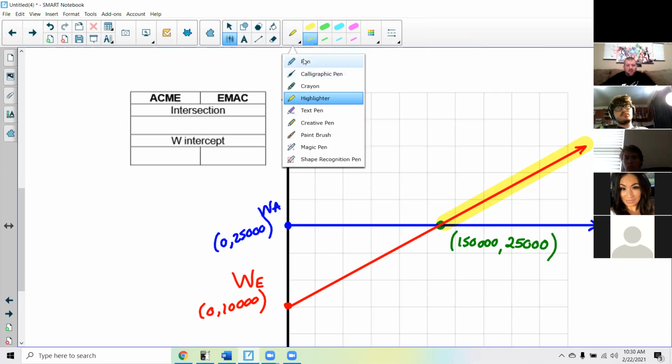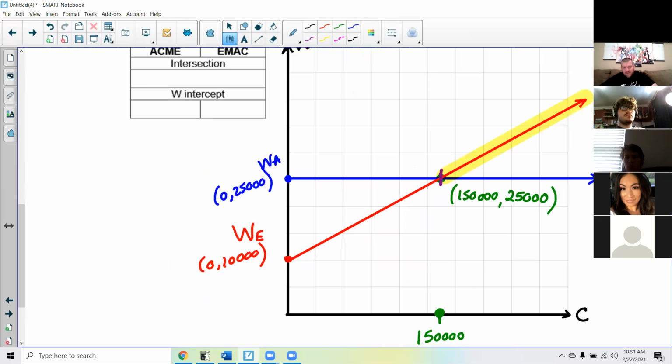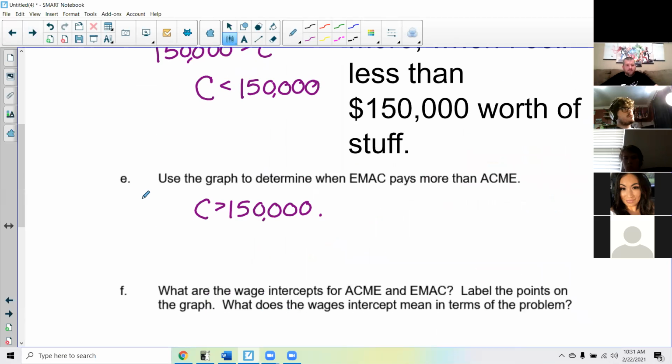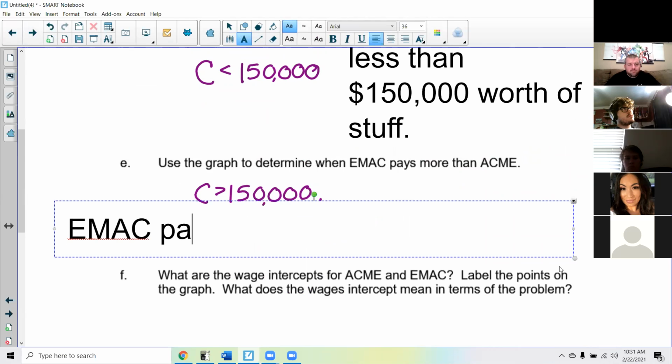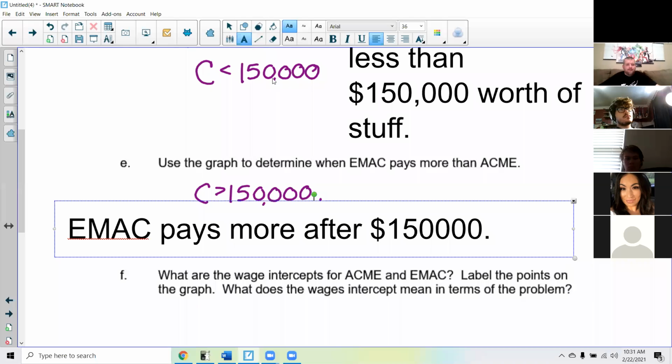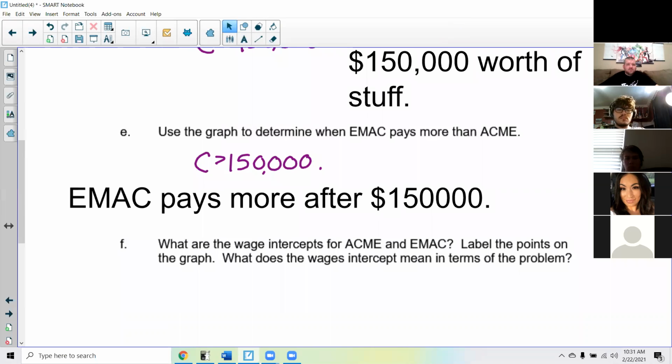Well, it's for every value after 150,000. They're the same when C is 150,000, but if C is greater than 150,000, the red line is higher, which means Emac is going to pay more. So if you want to write it out, you can say Emac pays more after 150,000. Okay.